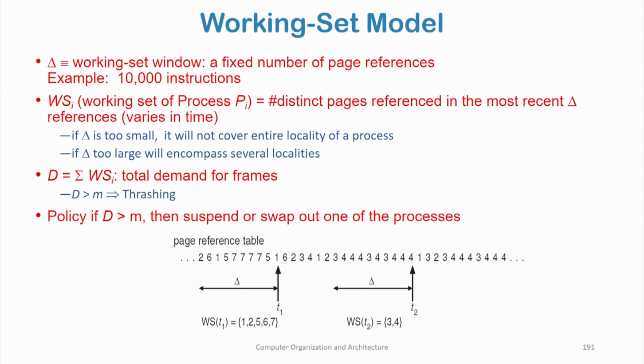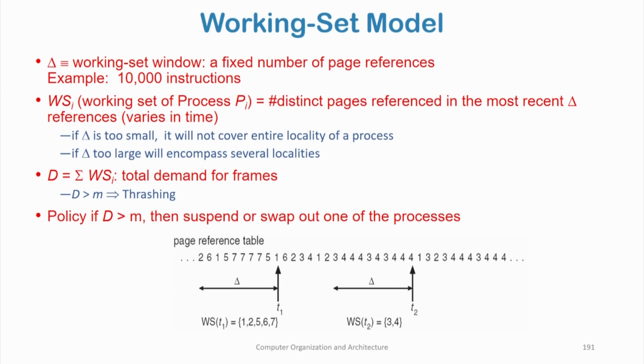Now, for example, let us say at a given time it is continuously within a loop and is executing a certain set of instructions, and a certain set of data, it is operating on a matrix. So, it requires a certain number of pages for that matrix, and a certain number of pages for the instructions within that loop.